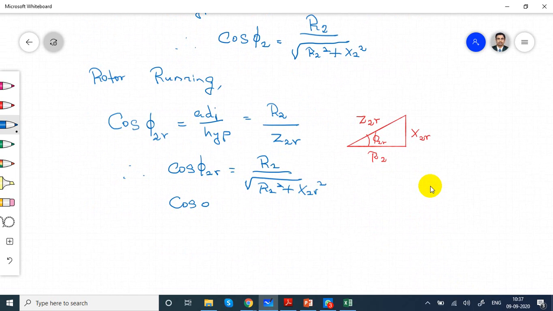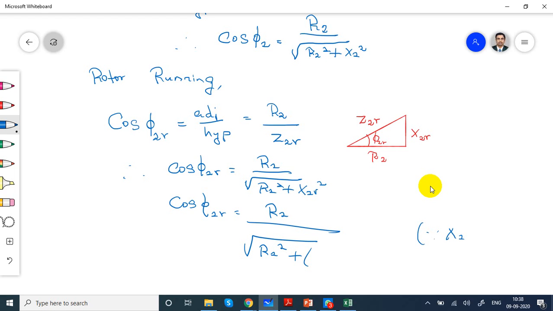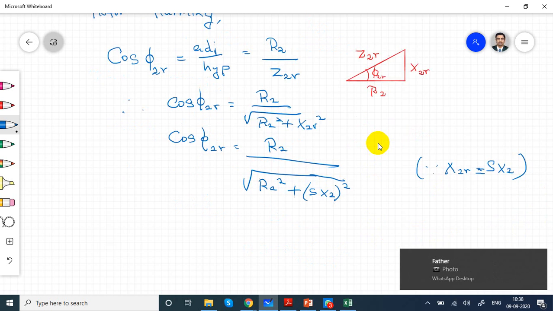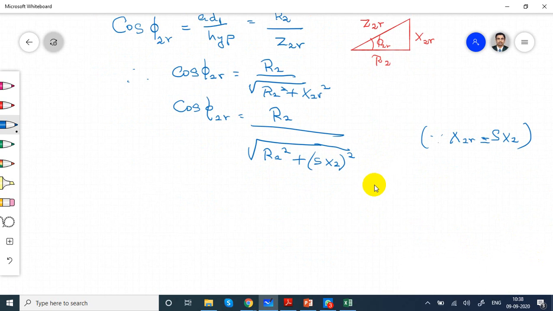What is the reactance of rotor in running condition? We already calculated, X2R equal to S into X2. Substitute it: R2 by square root of R2 square plus S into X2 whole square. Okay? You understand my point? Okay. Next.